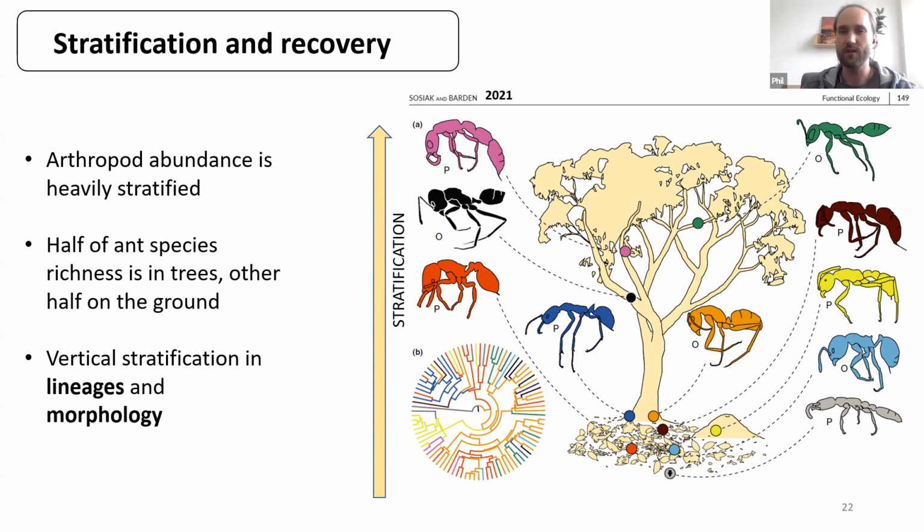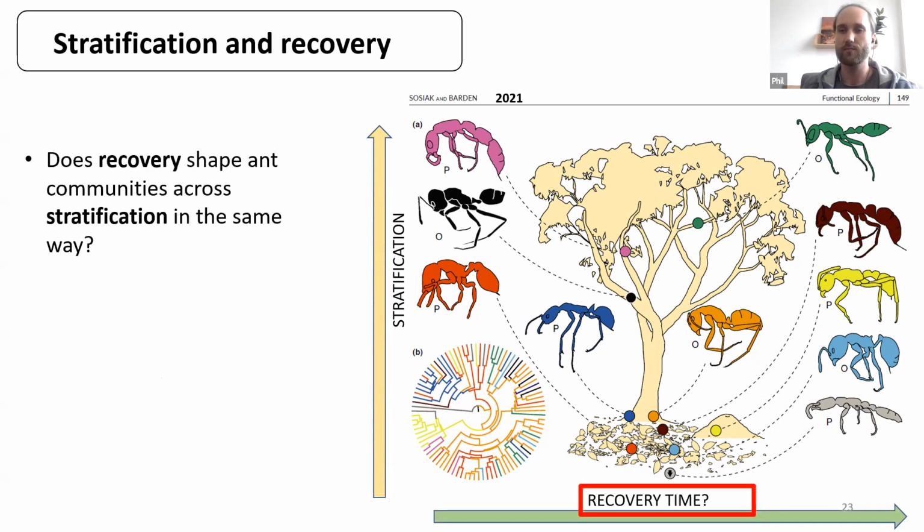So considering this high stratification, the obvious question that comes to mind when we think about recovery time is, how do these two things work together? Do we expect that every stratum reacts the same to recovery times, or do we see really distinct strata doing their own thing, and hard to predict from one stratum to another?